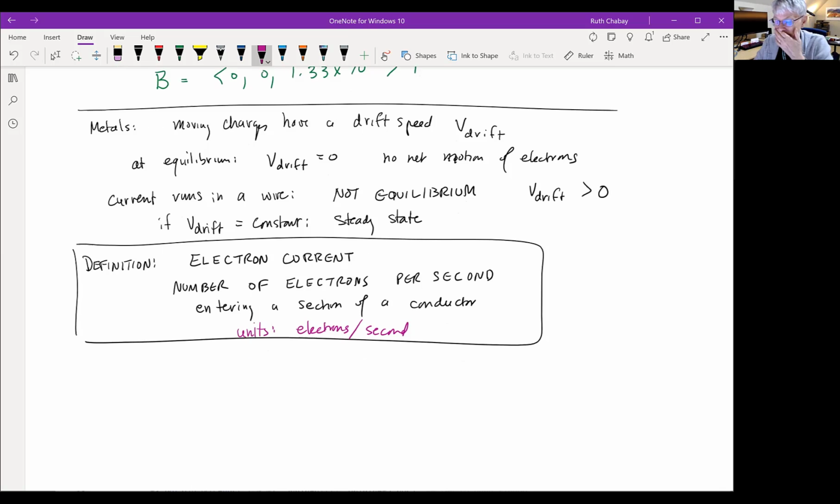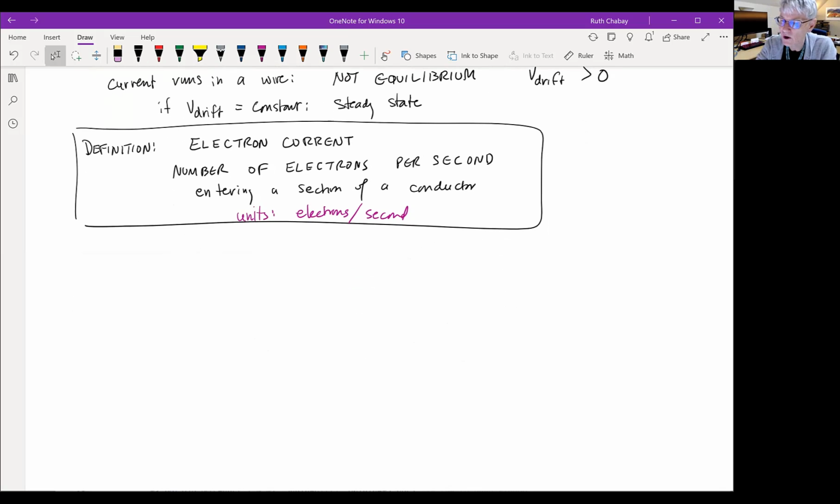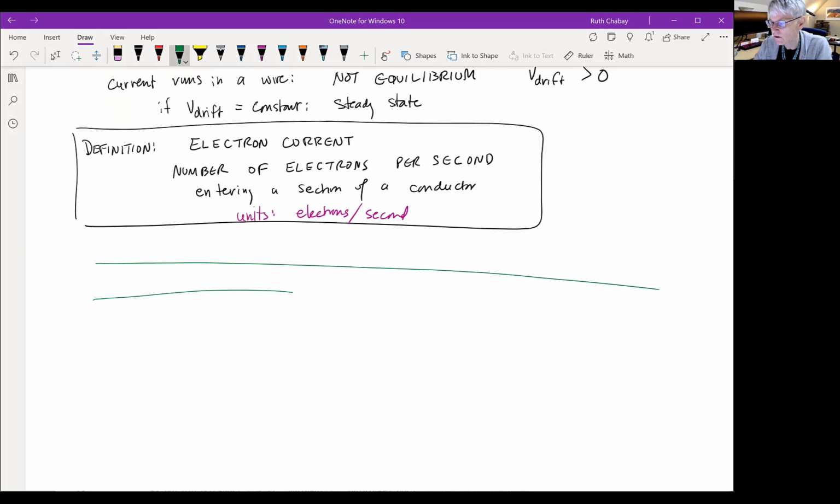So what does that mean? Well, we've thought about electrons moving through wires. So here's a wire. And suppose that we've set up a situation where we have our mobile electrons.